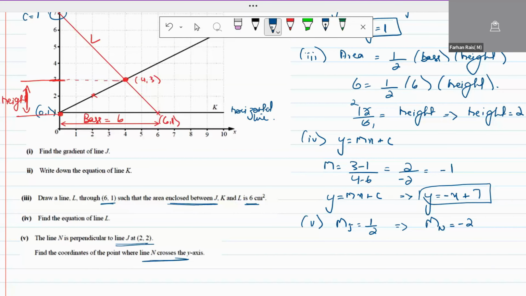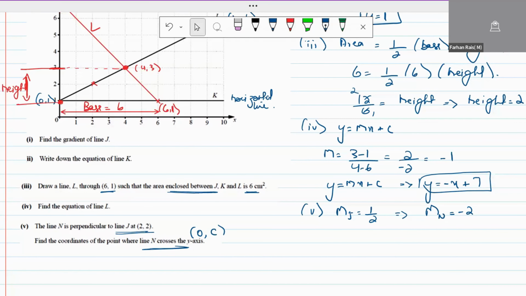Now it says the line N crosses the y-axis. For the y-axis, we know that the x coordinate is always 0. The y coordinate we don't know, so we suppose a variable c for it. So 0, c. About this line N, we have the gradient, we have one of the points which is 2, 2, and the second point, because it passes the y-axis, is 0, c.